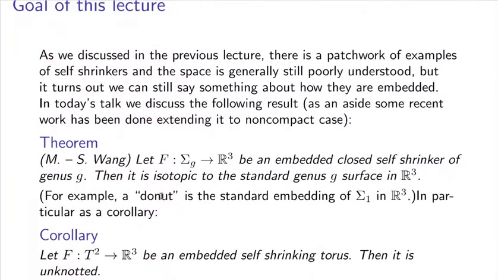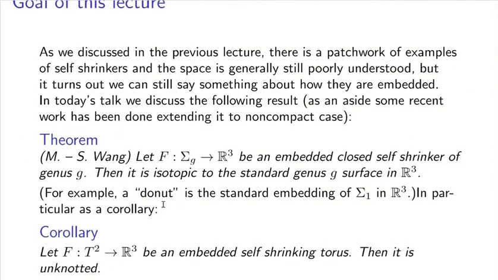And as a corollary, in particular, just thinking about the genus 1 case, it says that a self-shrinking torus can't be the tubular neighborhood of a knotted S1. So that's why you can call these types of things unknottedness results, because it really comes down to the unknottedness of the central curve, so to speak, in the torus case.